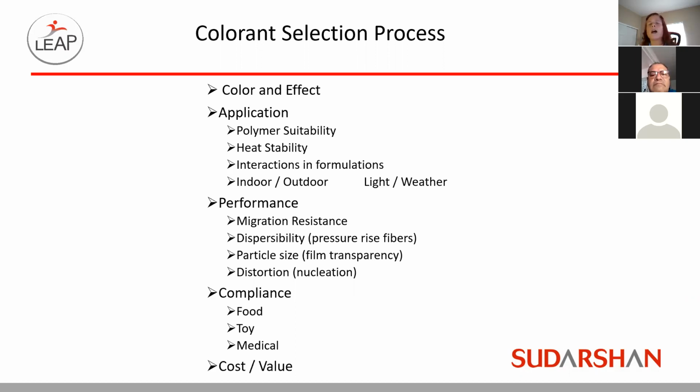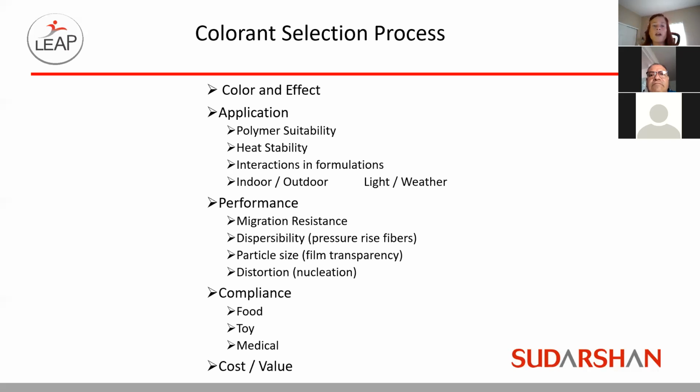And lastly, cost and value. And I have these separate because they are separate characteristics of the colorant. So obviously cost is your straight up dollar per pound figure. However, value can have a couple of definitions. For example, if a higher price per pound colorant provides you with a lot more strength, then you can use less of the high performance or the higher cost pigment and thus get additional value for that particular colorant.